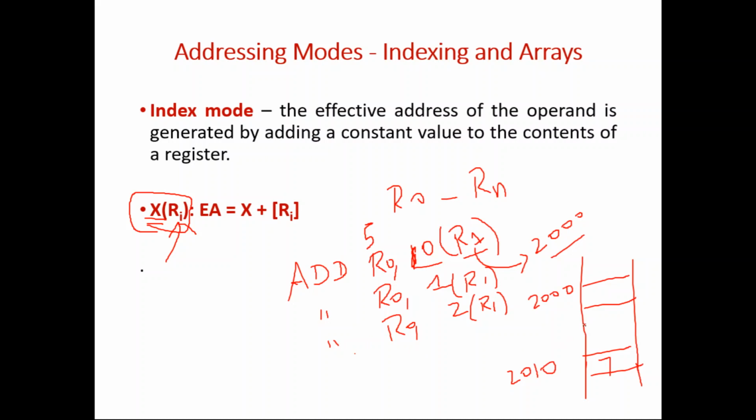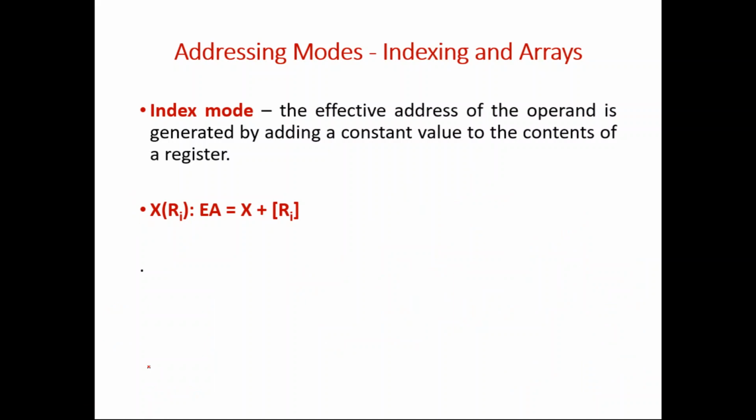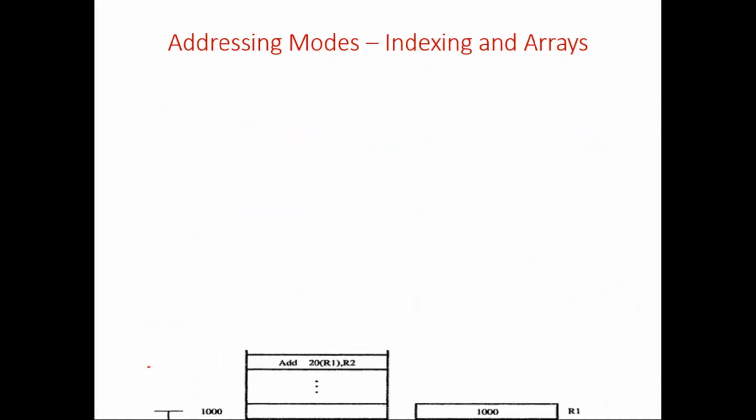So it means that now we have added the content of 2000, 2001, and 2002. Like that we can keep on adding, right? Here I assumed byte addressing, but generally it won't be byte addressing. If the word size is 32-bit, then instead of 1 it will become 4, and this will become 8, and so on and so forth. So this type of addressing is called indexed addressing mode.